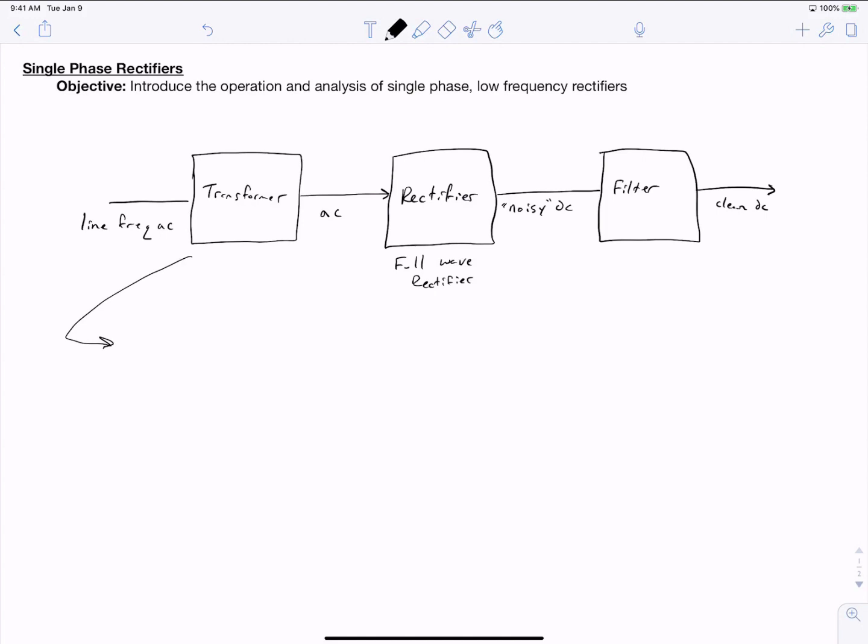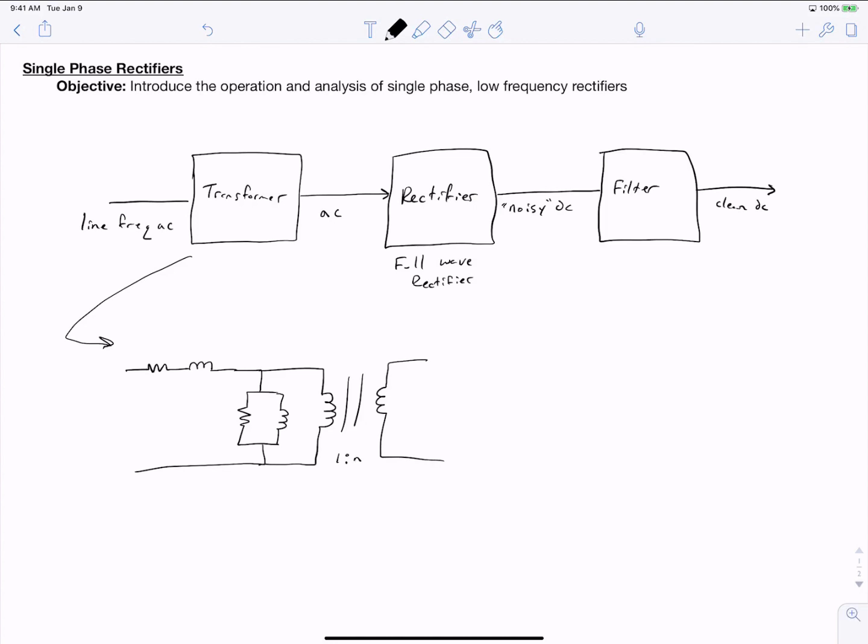If you go back to your circuits class, you'll recall that the equivalent circuit for a transformer looks something like this. You've got a winding resistance and a leakage inductance. You have a resistor to model core loss and an inductor to model magnetizing current. This passes through to an ideal transformer stage, which has a turns ratio.